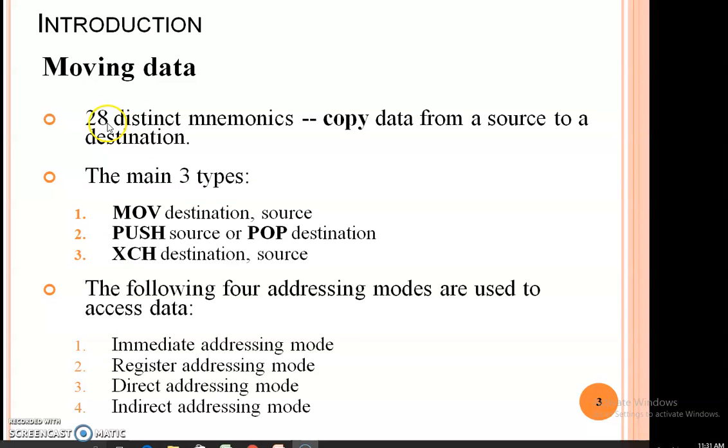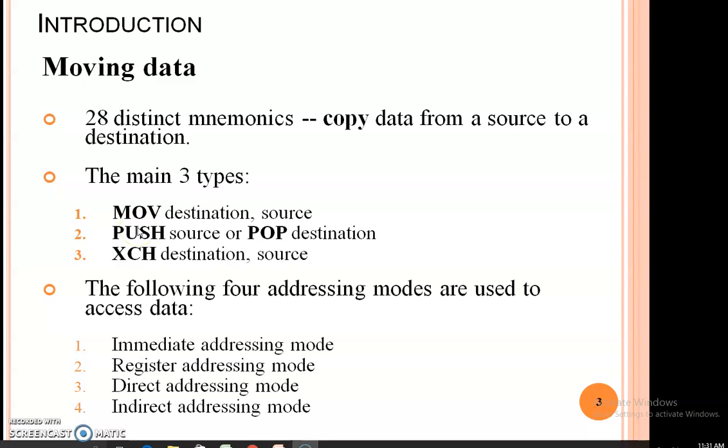Here 8051 has 28 different mnemonics to copy the data from source to destination. First we have three types of mnemonics: MOV, move, PUSH or POP, and XCH, exchange.